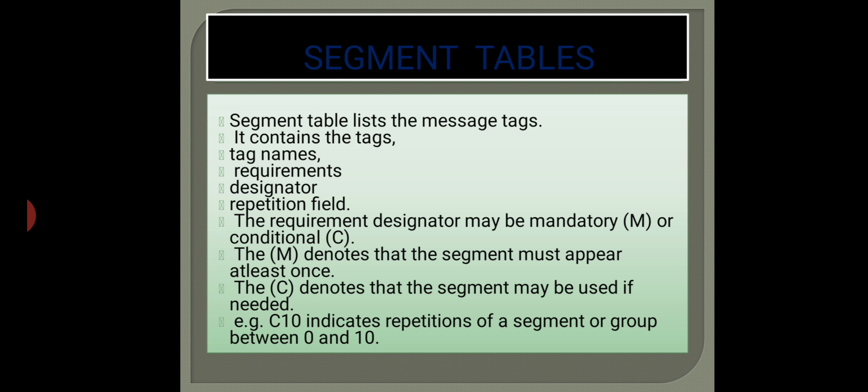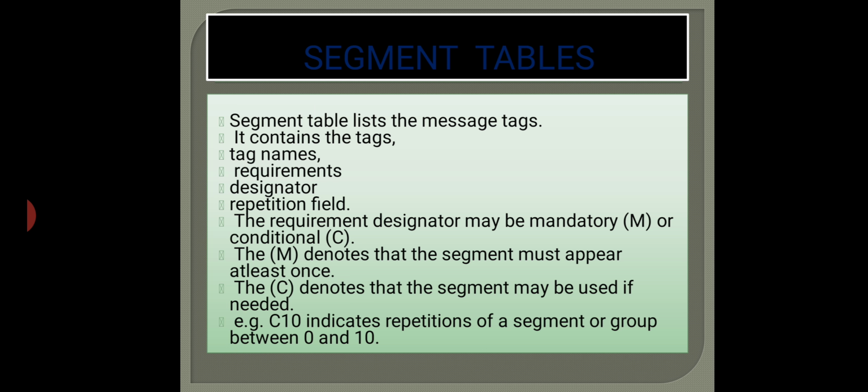The segment table lists the message tags. It contains the tag, tag name, requirement designator and repetition field. The requirement designator may be mandatory or conditional. Mandatory means we have to specify it; conditional means it is optional. M denotes the segment must appear at least once, so it is compulsory, and C denotes the segment may be used if needed.